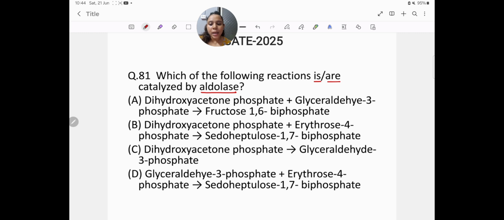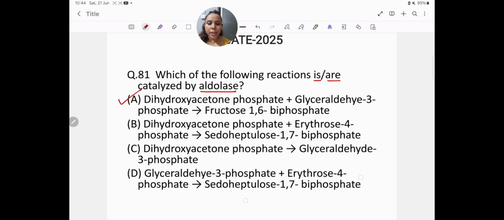Option C, dihydroxyacetone phosphate to glyceraldehyde 3-phosphate, and option D is glyceraldehyde 3-phosphate plus erythrose 4-phosphate to pseudoheptulose 1,7-bisphosphate. So, can you guess the correct option? Yes. The correct option is option A.